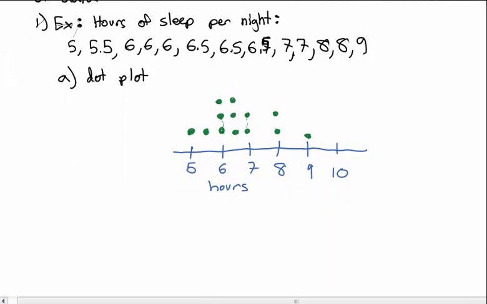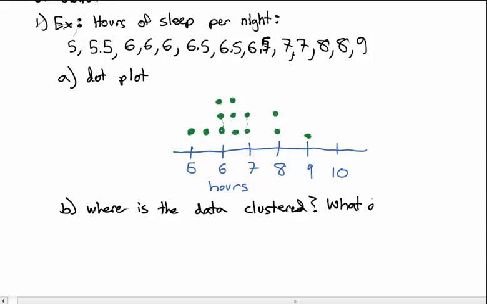And so now we've collected and analyzed the data, we're ready to interpret it. Maybe we could ask the question, where is the data clustered? And we could ask the question, what does this mean? Well, you'll notice there's this kind of clumping of data right here between 6 and 7. Most of the data is right there.